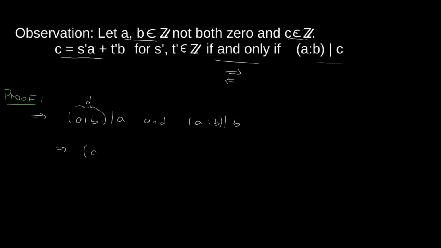So then the greatest common divisor would divide some integer s prime times a plus t prime times b. But this was our definition of c. So the greatest common divisor between a and b divides c.